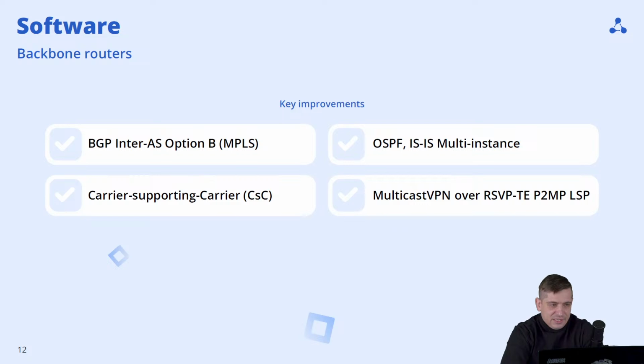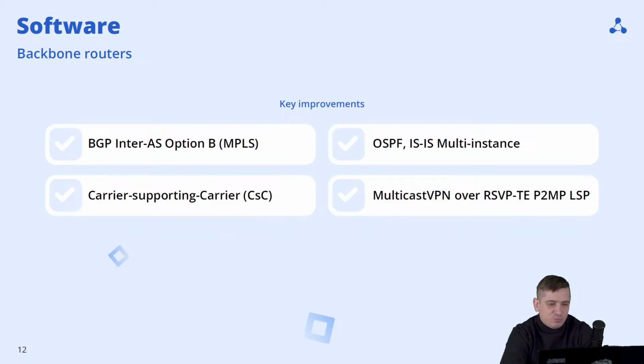So definitely 4 major enhancements have been made in the software for those routers. First, it's BGP Inter-AS option B for MPLS service, because earlier we used option C, but option B is most in demand among operators, so we added this feature on our ME routers.